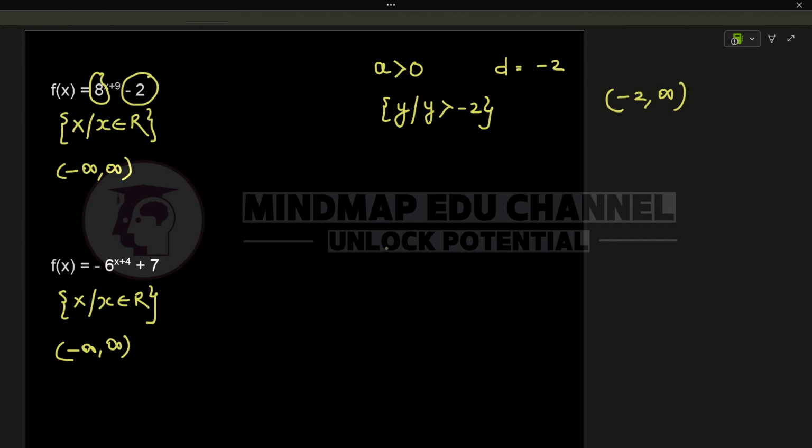To find the range, we check the value of a. It is minus 6, that means a is less than 0. And the value of d is 7. So the range is a set of y values such that y is less than 7. And in interval notation, the range is from minus infinity to 7.